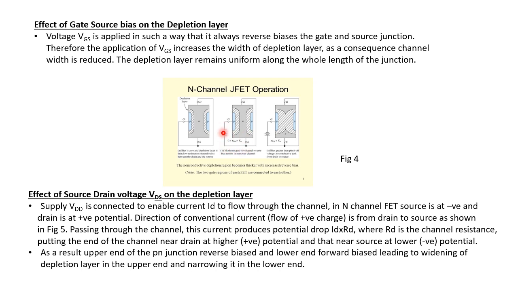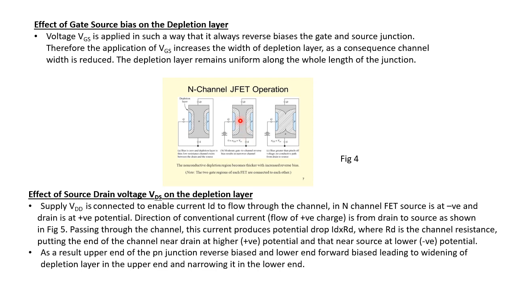The gate is negatively biased and the positive polarity of the voltage source is given to the source terminal. In this manner, the gate and source junction is reverse biased.